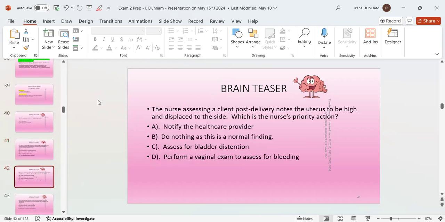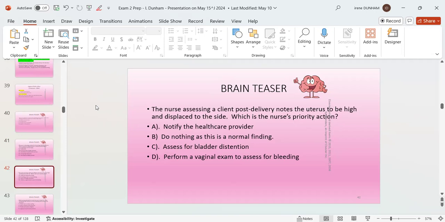The next one. Ready? The nurse is assessing a client post-delivery, notes the uterus to be high and displaced to the side. Which is the nurse's priority action? C. As in cat.